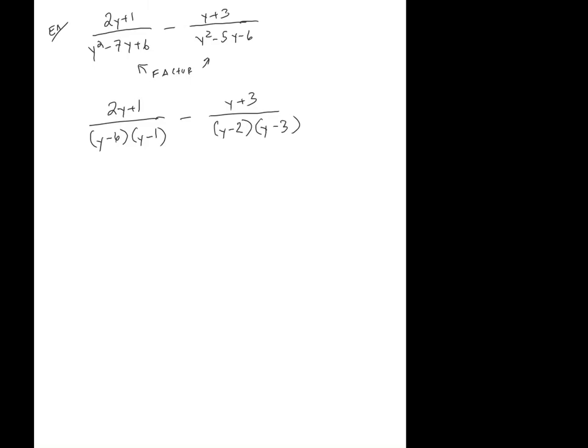Oh, it's not -2 and -3, because that gives you a +6. So it's going to be something different instead. What is it going to be? It's a -6 and a +1.